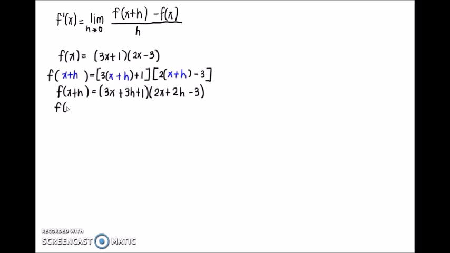So, f of x plus h is equal to, so 3x times 2x, we will have 6x squared. 3x times 2h, we will have 6xh. And 3x times negative 3, we will have negative 9x.